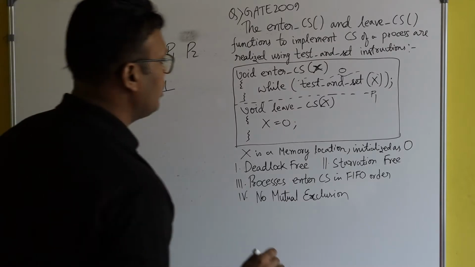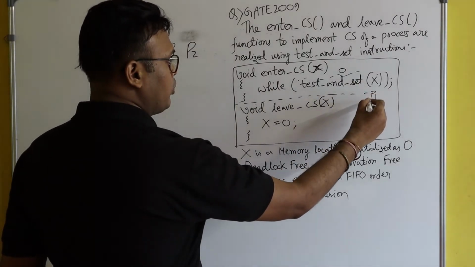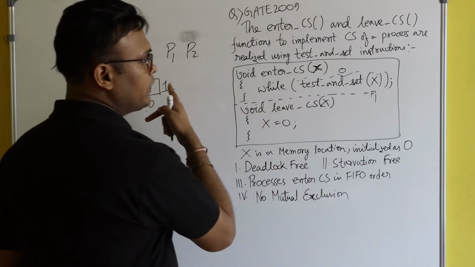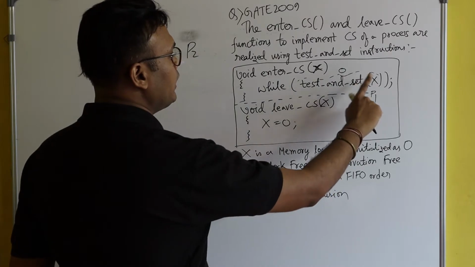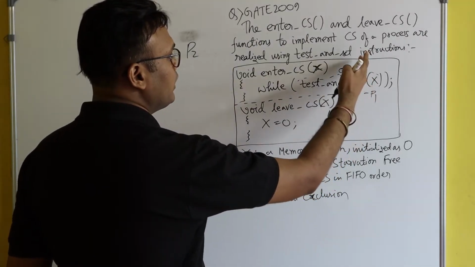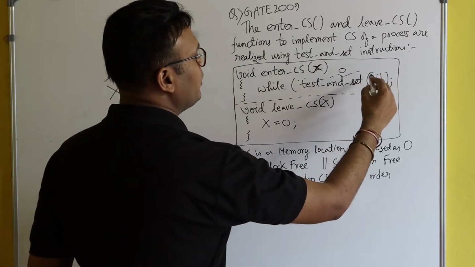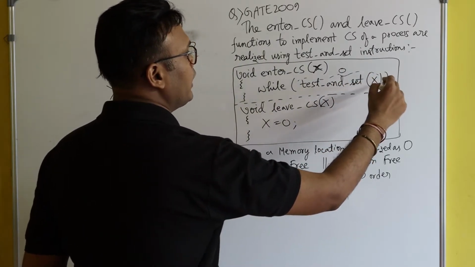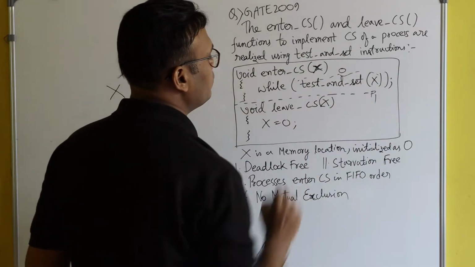Why? Because after the process enters here, the value of x becomes 1. It means what? If the value of x is 1, then another process will not enter inside the while loop, because the condition will remain true and the process will be stuck in this while loop.